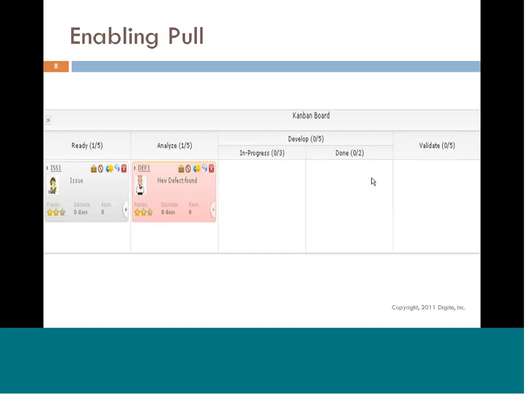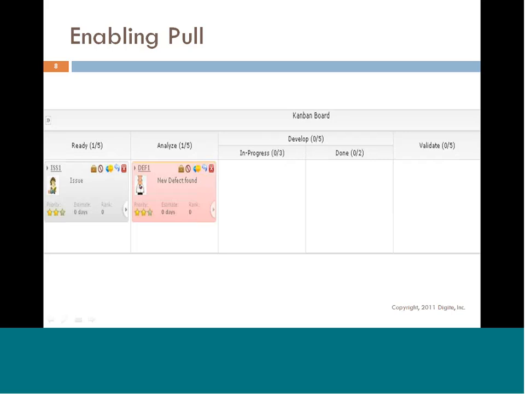As soon as the next queue has bandwidth, they can pull the work from develop and start working. This is a simple way to enable the move from a push-based system to a pull-based system, with the least resistance within the team. This is also a sample from Swift-Kanban, and it is one pattern which most teams start using.